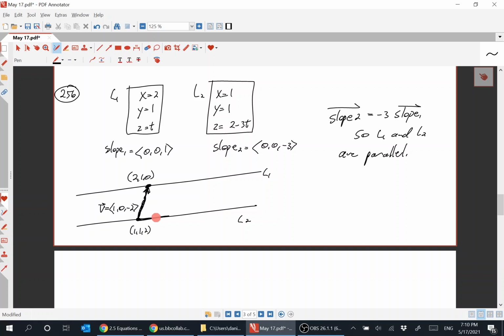And then we've got the u. Now, the slope of line 2 is 0, 0, negative 3, but I could just use 0, 0, 1. Okay, because they're parallel, right? As long as the slopes are constant multiples of each other, you can always just use whatever slope you want, right? I mean, if it simplifies matters, which it probably does.